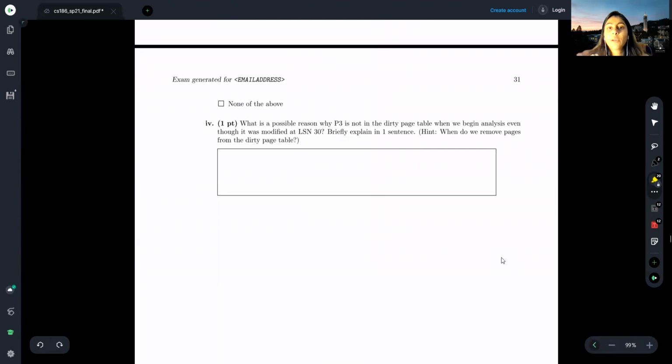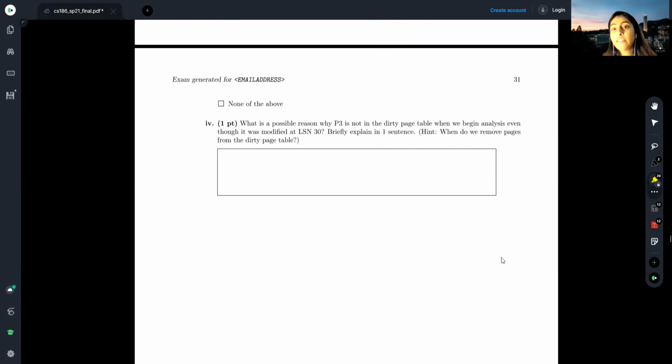Part 4 is asking what's a possible reason why P3 or page 3 is not in the DPT when we begin analysis, even though it was modified at LSN 30. The reason pages are in the DPT is because a change has been made to that page, but that page has not yet been flushed to the disk with those changes.